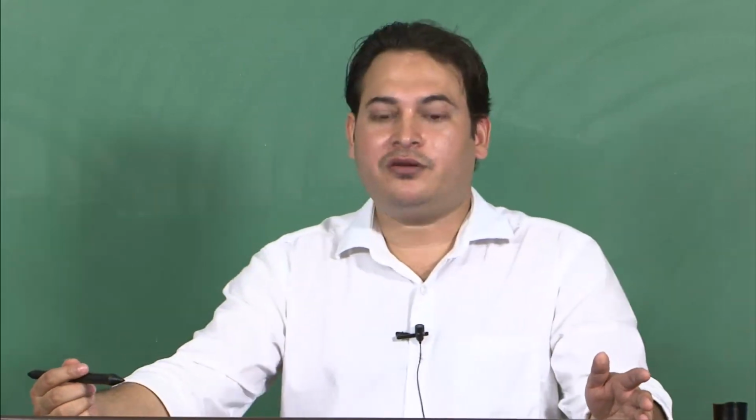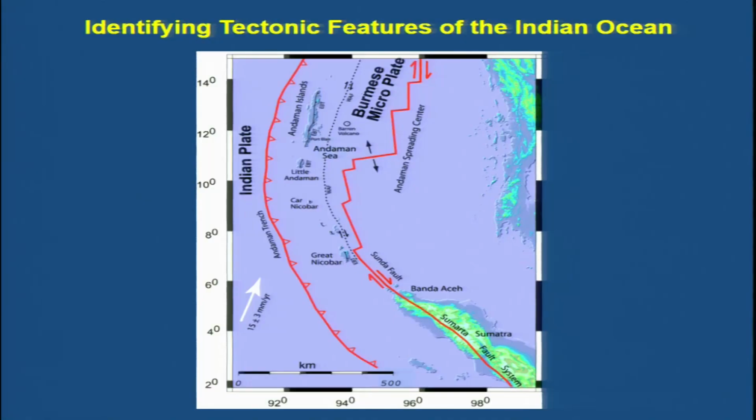All this information we can put combined on a tectonic map. For this region, you can see that this red line demarcates the subduction zone, and these triangles are showing the direction of subduction. If you see here, the direction changes a little bit.